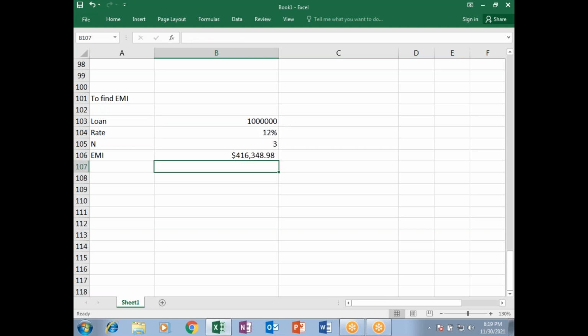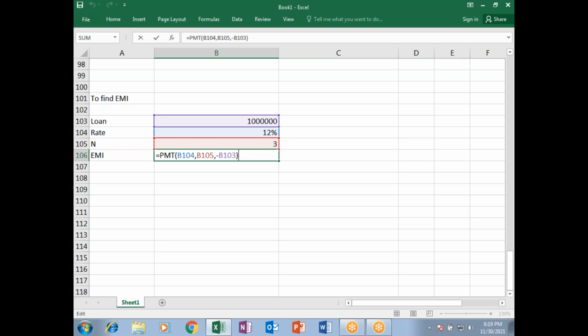So I'll get some amount. So this is to find out the EMI. EMI is nothing but the PMT we need to report.